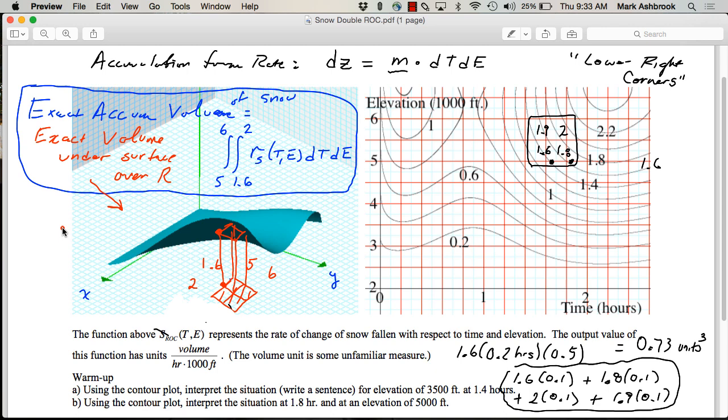Okay, so let's do an example with a simpler surface. Any questions on the volume of snow example or where we talked about the geometry of double integrals? Okay.